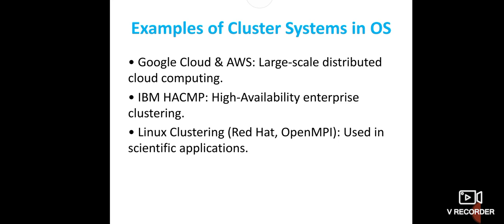Because of this wide usage, clusters play a major role in operating systems. Another example is Linux clustering, which is used for scientific applications. For example, Red Hat and OpenMPI are possibilities for using Linux clusters.